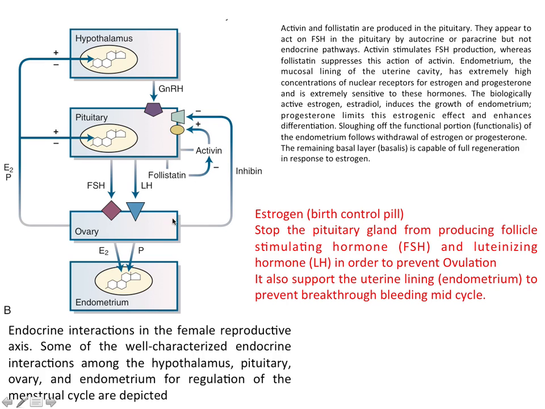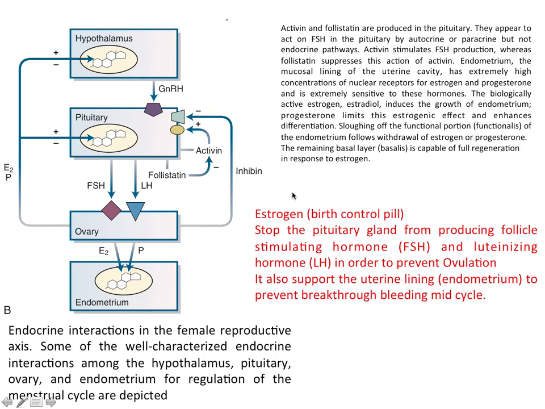On the other hand, the ovary can also produce a hormone, inhibin, and it shows negative regulation on the pituitary to secrete less FSH and LH. When the levels of E2 and P, that is estradiol and progesterone, are high, then E2 and P themselves give negative regulation to the pituitary as well as the hypothalamus to decrease the secretion of FSH and LH.